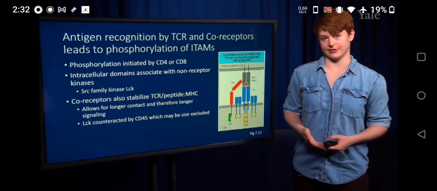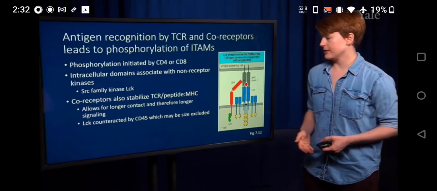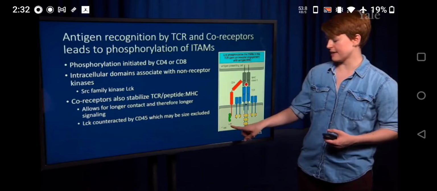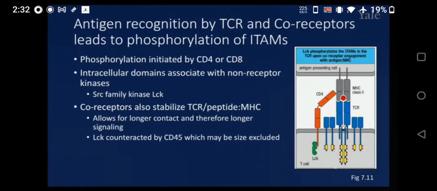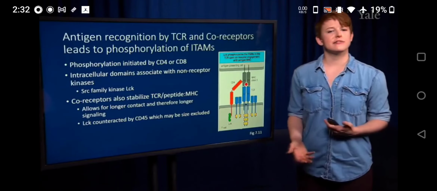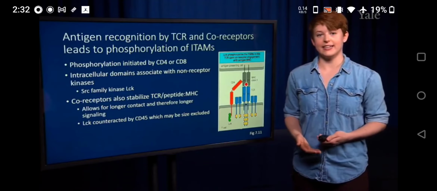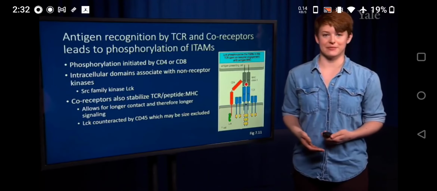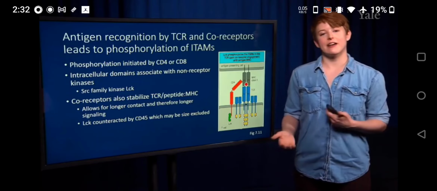And I mentioned earlier that it's possible that inhibitory molecules might be size excluded. So Lck, which is an example of the tyrosine kinase, is typically deactivated by another membrane protein called CD45. And this can help counteract the positive signaling here. So if CD45 is located near this TCR receptor complex, it will counteract and block signaling in the cell.